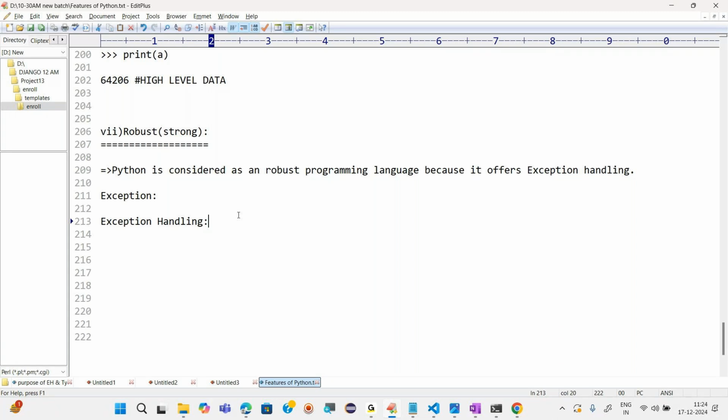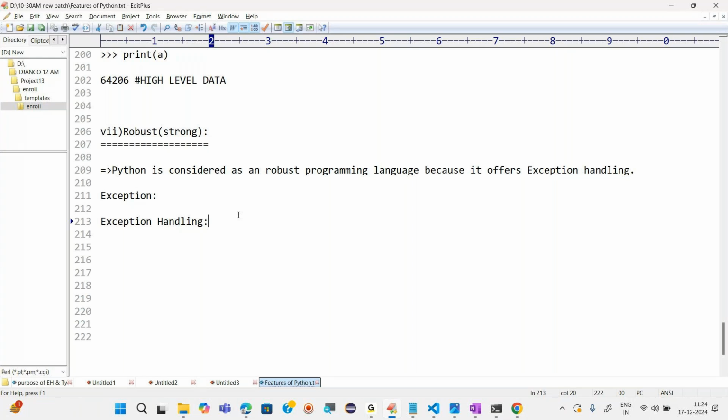Understood? A simple example I am giving you. Let's say you have created a form, a web application with a form, and one user is filling it. Now in place of name he is entering a mobile number, in place of age he is entering his name.